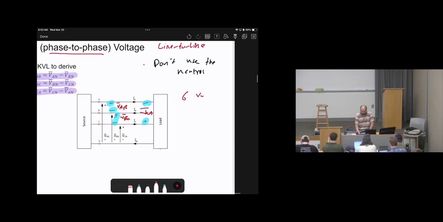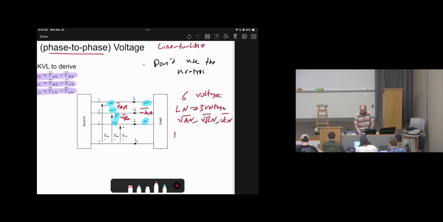We have 6 voltages. The first 3 voltages are line to neutral. What are these line to neutral voltages? Those are VAN, VBN, VCN. Those are line to neutral, which means there is a neutral on it, so we are using the neutral.